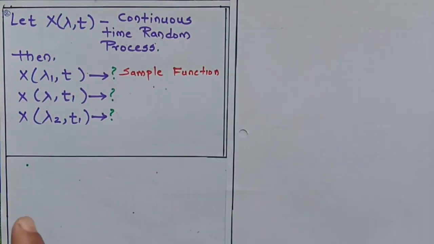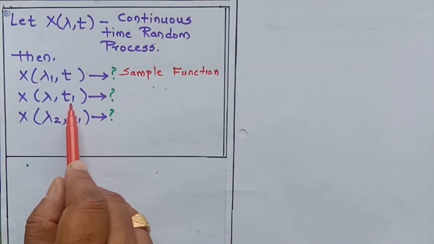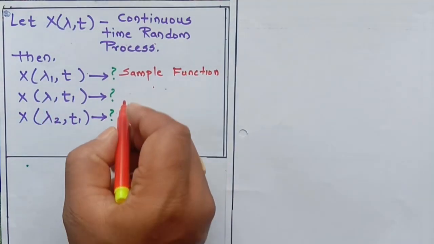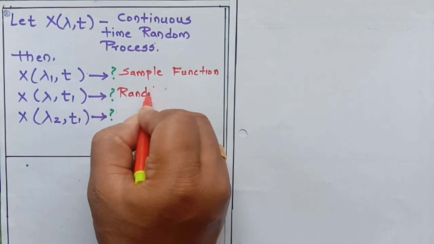And the second one, what is it? At a particular instant we are going to measure it. So as I told, if at a particular instant of a random process you measure it, then it would become a random variable.